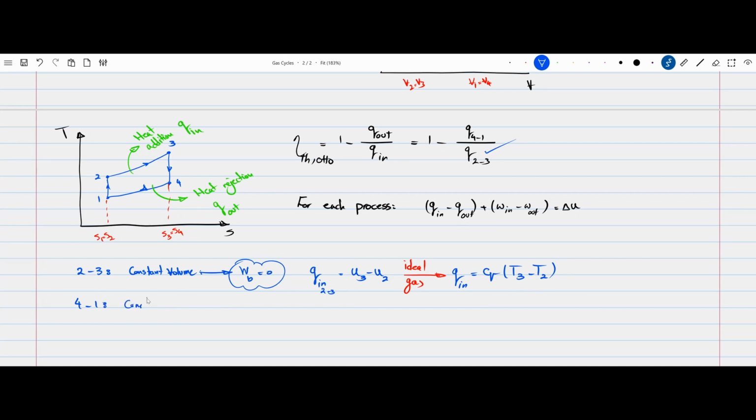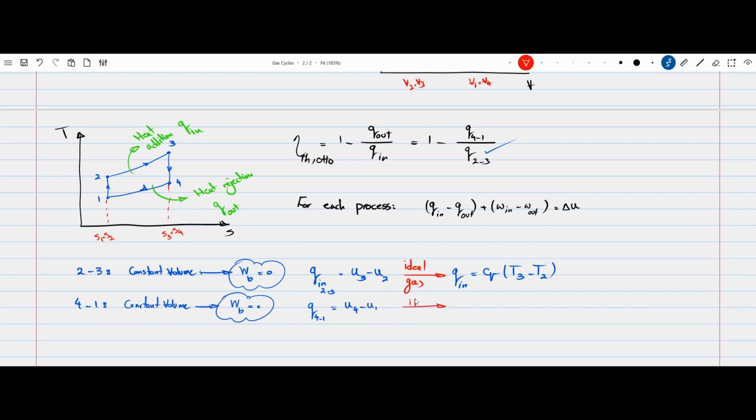This is again a constant volume process, meaning again there is no boundary work available. Again, the Q based on the first law of thermodynamics that I've written up above, the Q from 4 to 1 is going to be simply U4 minus U1.